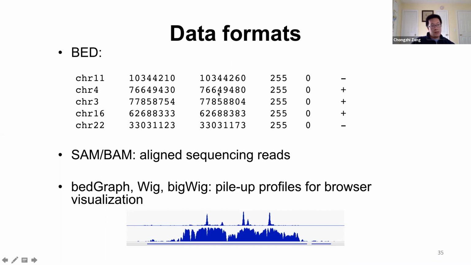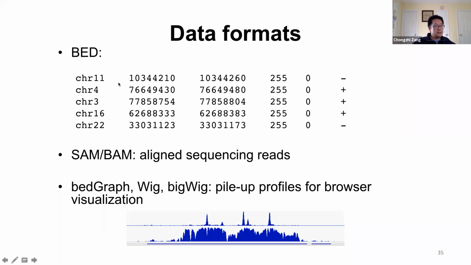The first 3 columns are the most important: the chromosome the mapped read comes from, and the start and end coordinates. With these first 3 columns, we can uniquely identify an exact location in the genome. Of course, we need to define which genome it is, human or mouse.